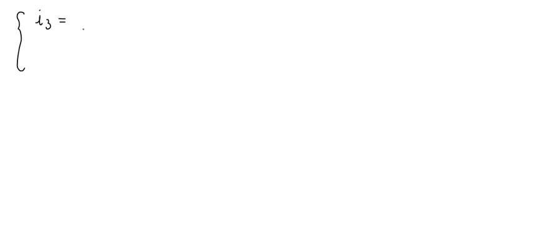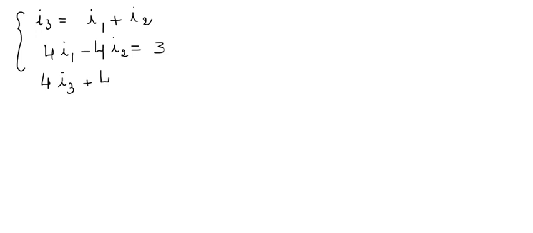I3 equal I1 plus I2, 4I1 minus 4I2 equal 3, and 4I3 plus 4I2 equal 0. From this last equation, you can see I3 equal minus I2.